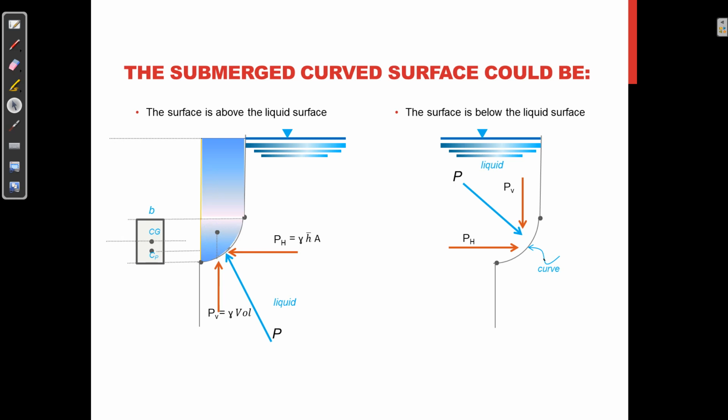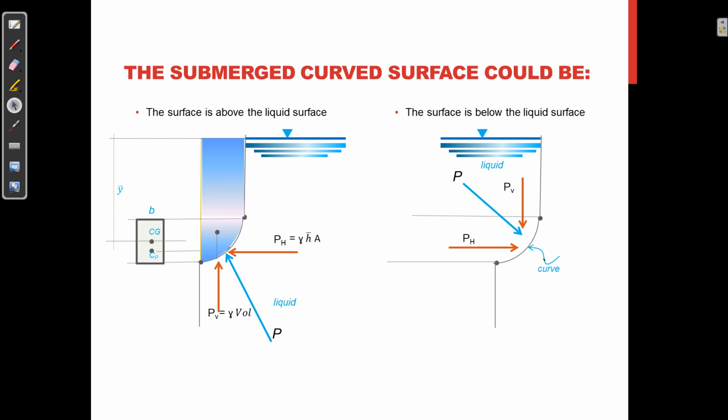So here, on the horizontal projection, we still stick to the rule that this is y bar. So y bar is the distance of the centroid up to the liquid surface on the vertical. And then here, y bar is also equal to h bar, since we do not have any inclined surface now, because the submerged horizontal projection is always within the vertical.